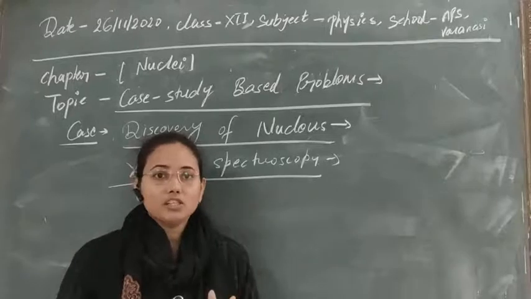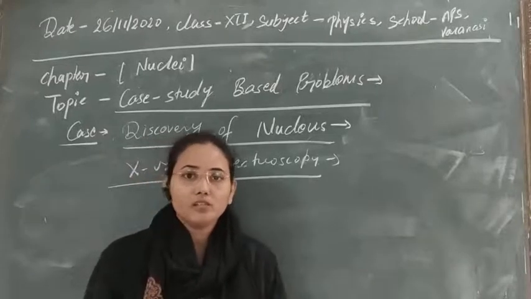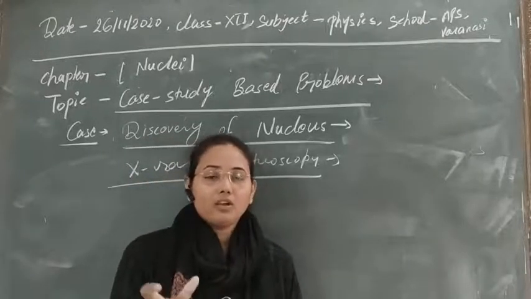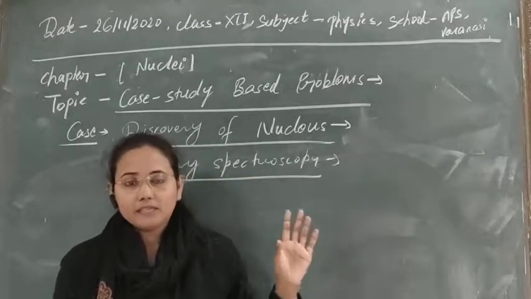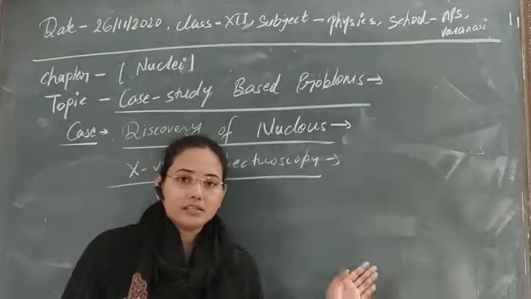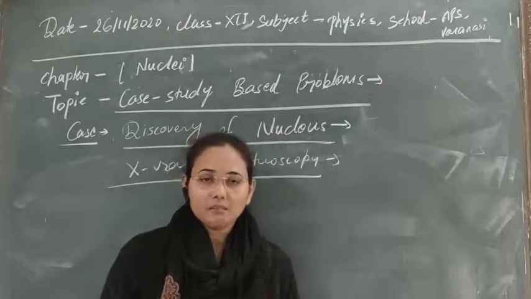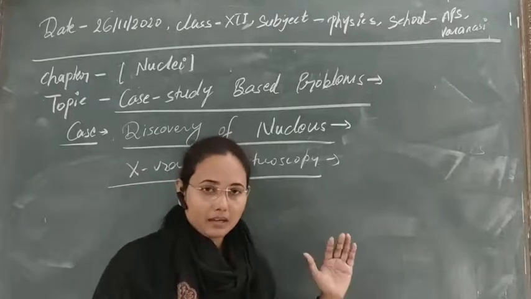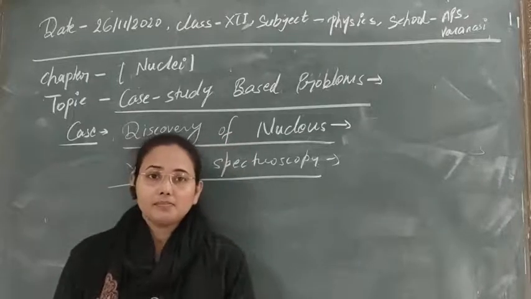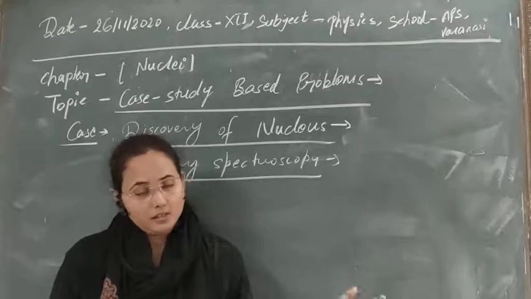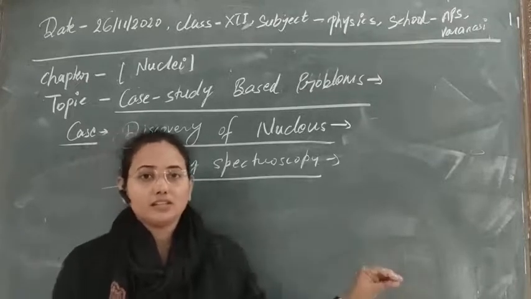In the continuous spectrum we get a range of wavelengths, so we obtain a band spectrum. So in the characteristic spectrum we obtain a line spectrum just like the atomic spectrum, and in the continuous spectrum we obtain a band spectrum just like the molecular spectra. So this question can be asked.